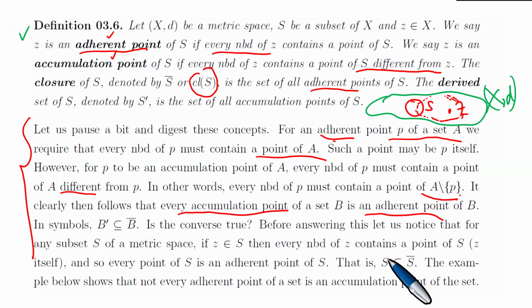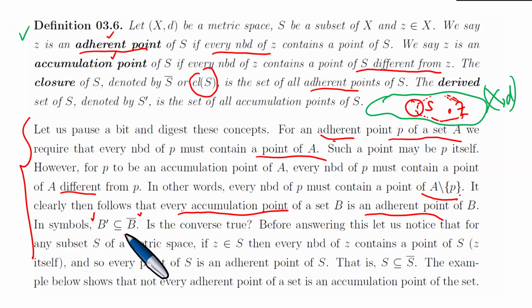So we are saying every accumulation point is actually an adherent point. In symbols, we can say the derived set of B is a subset of the closure of B.